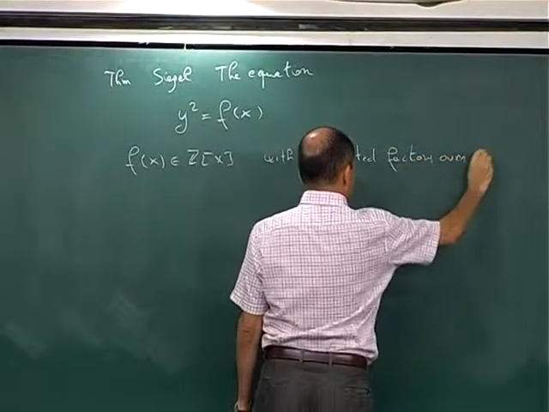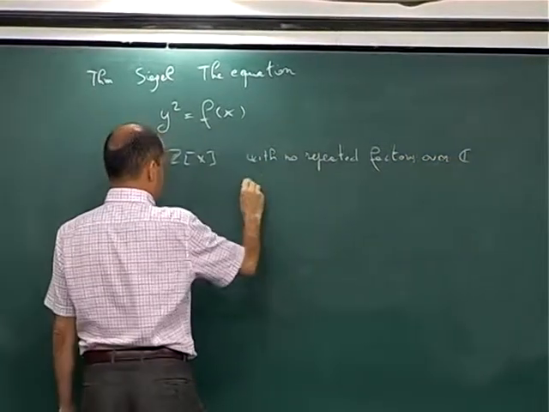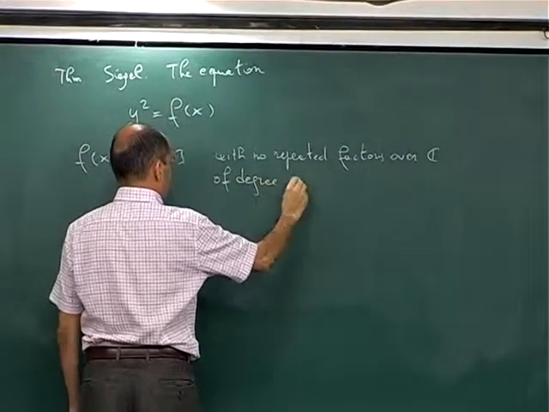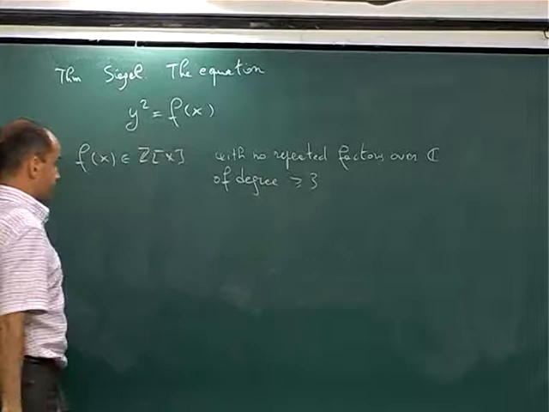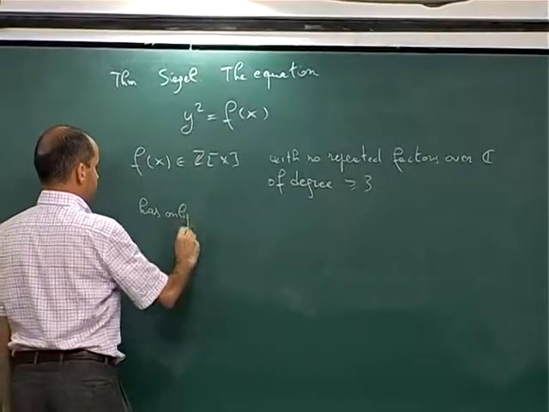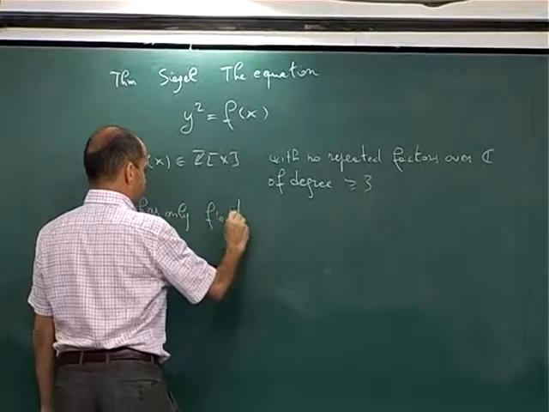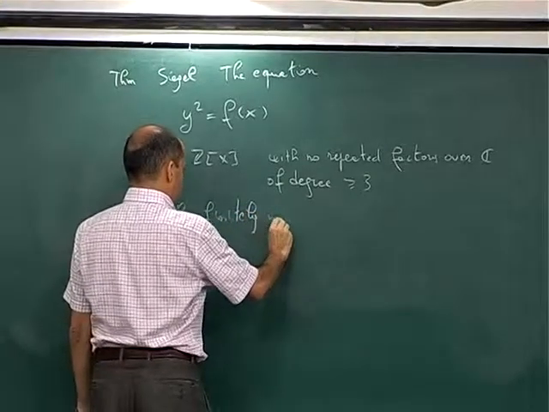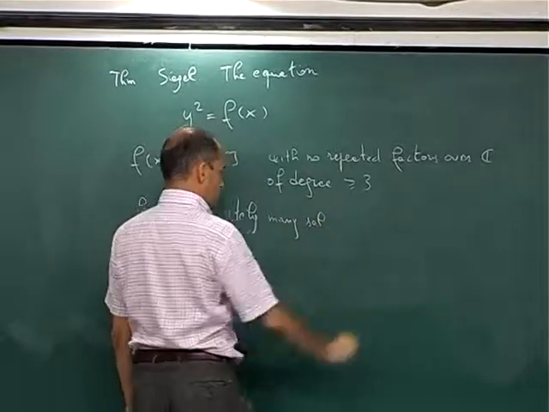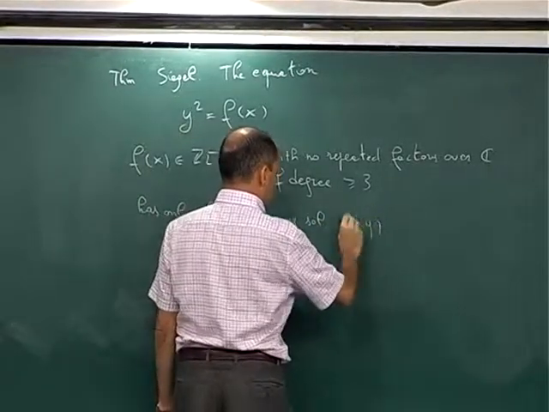over the complex numbers of degree at least 3, has only finitely many solutions x, y.